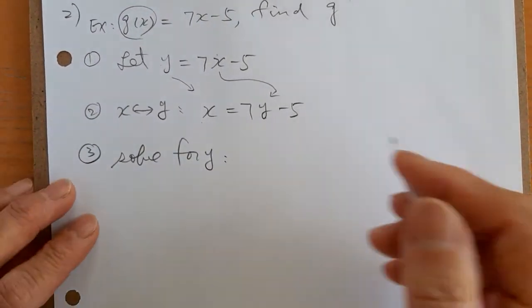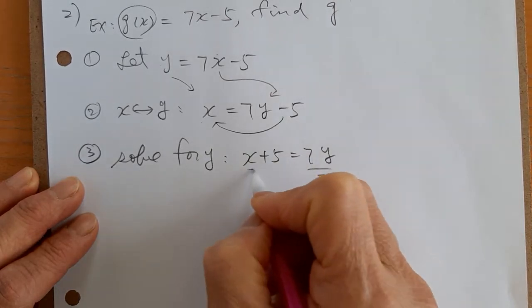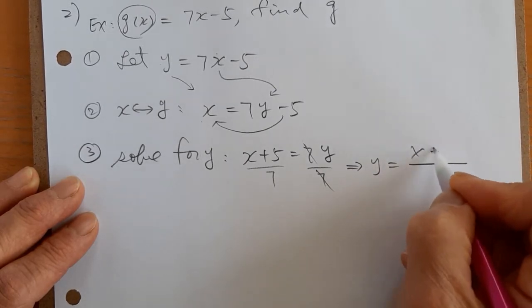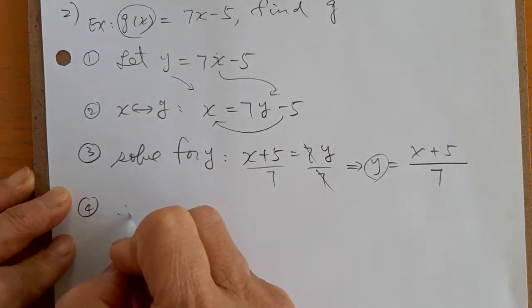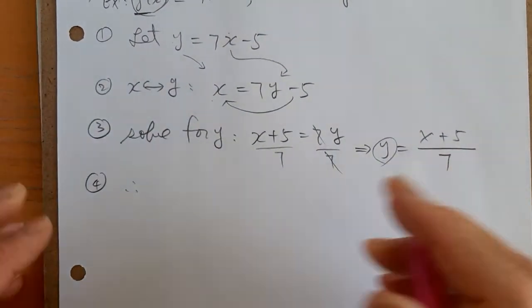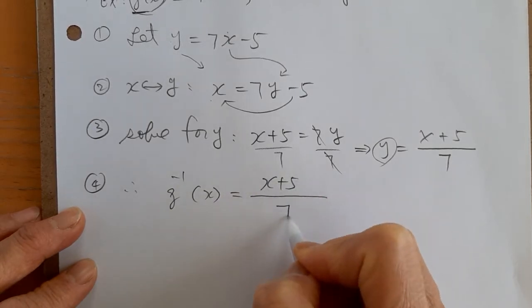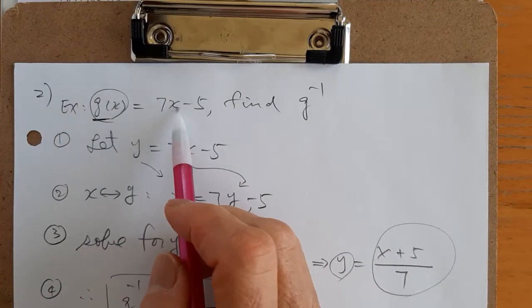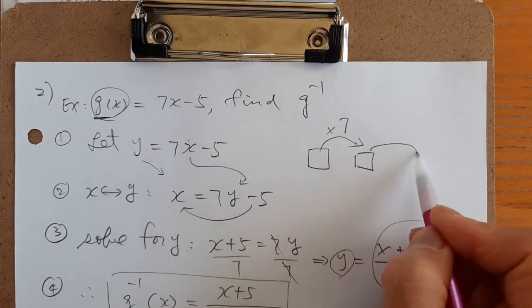To solve for y, you add 5 to both sides, then divide by 7 on both sides, and cancel. So you get y equals (x plus 5) over 7. The fourth step, replace y with g inverse, because the given name is g. So g inverse of x is (x plus 5) over 7. Looking at the original, given a number you multiply by 7, then subtract 5.